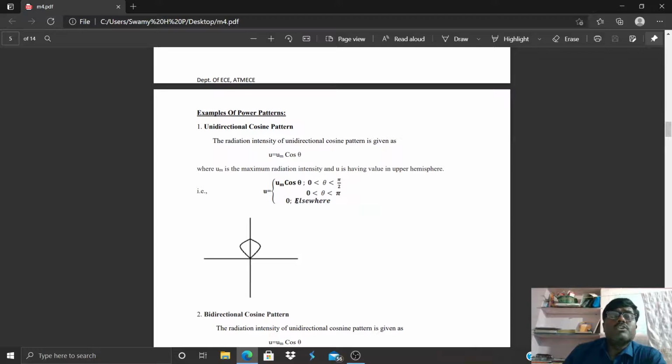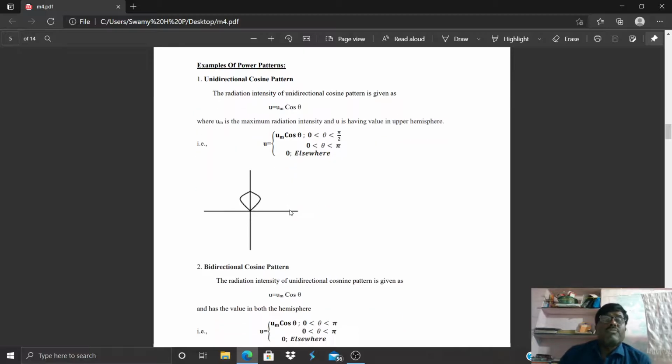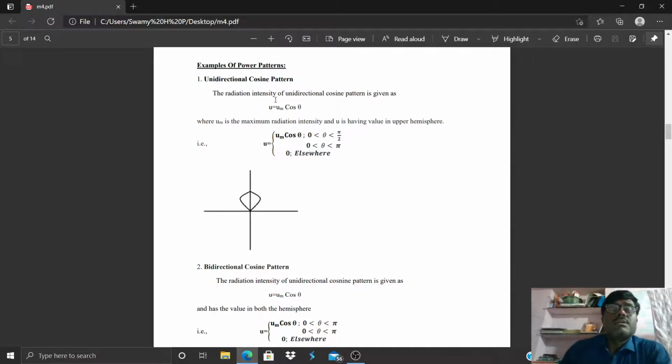Now, how are you going to use power patterns? What are the different types of power patterns? How will you use them to calculate the different power patterns? First one is the unidirectional cosine pattern.